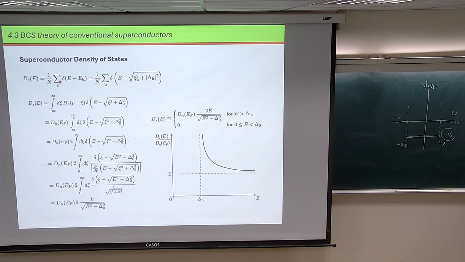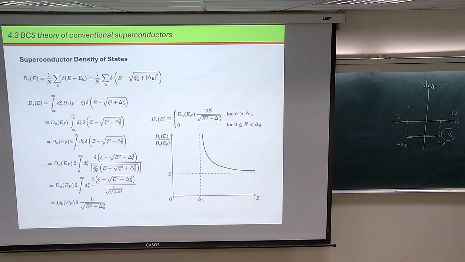Okay, so you have again this sum over k, and you can make the same trick and go from the sum over k into an integral with the density of states, and eventually you can solve all these integrals and get something very simple, which is the density of states.